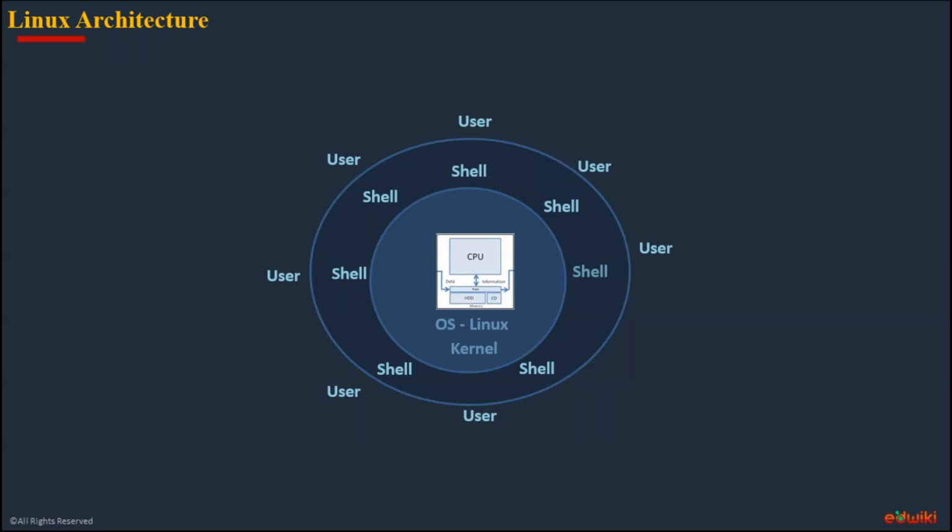But a Linux system may have multiple shell softwares in active mode at any given point of time. You see here my diagram says there are multiple shell softwares available for you to translate the user language to the kernel understandable format. Yes, multiple shell softwares can be made available in one single Linux machine, not an issue.